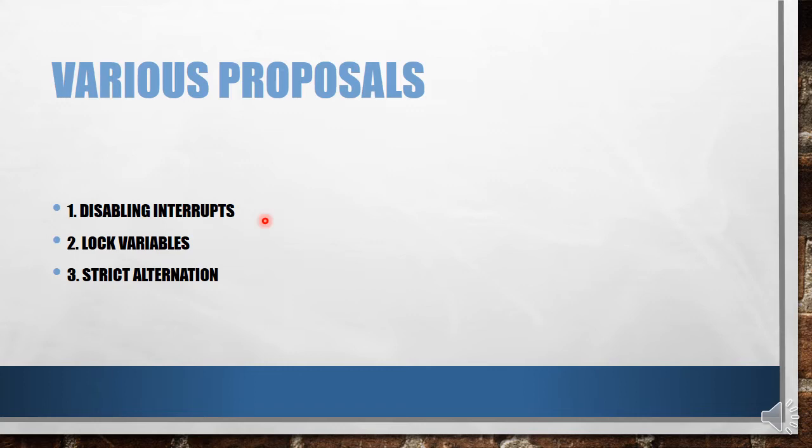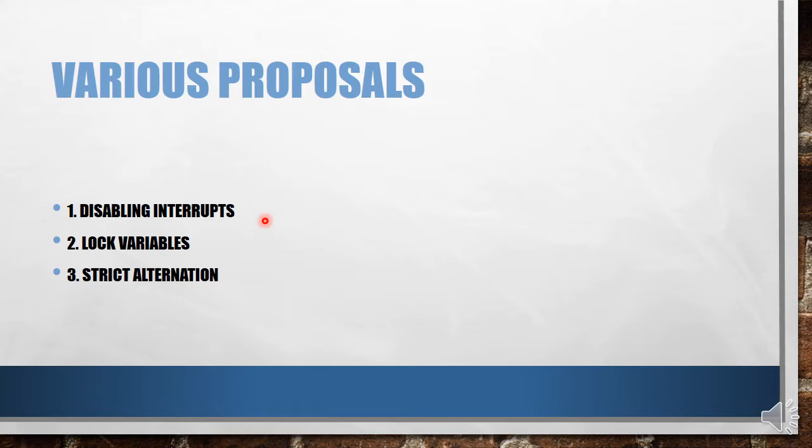Furthermore, if the system is a multiprocessor with two or more CPUs, disabling interrupts affects only the CPU that executed the disable instruction. The other ones will continue running and can access the shared memory. On the other hand, it is frequently convenient for the kernel itself to disable interrupts for a few instructions while it is updating variables or especially lists.